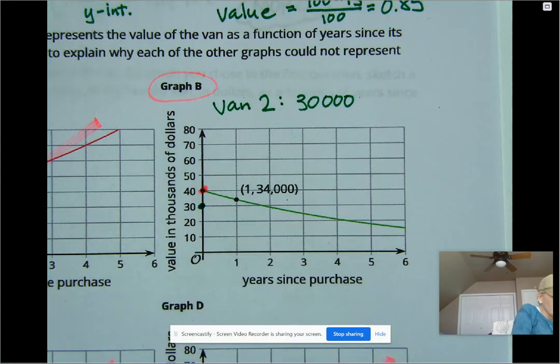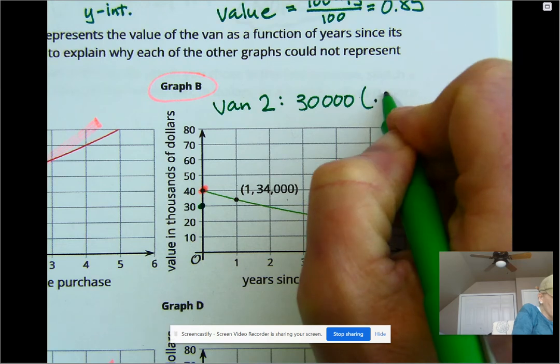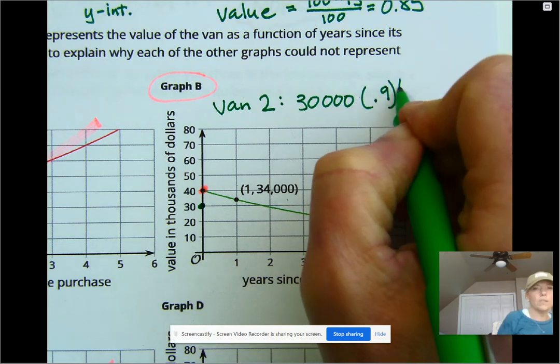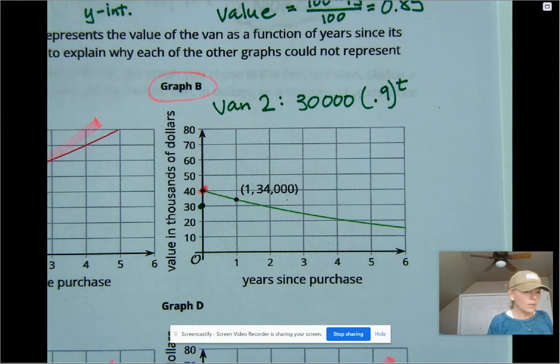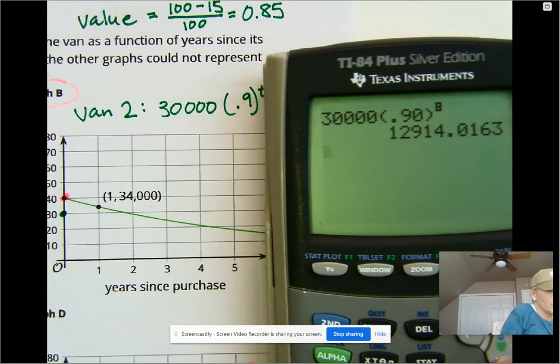And then we're multiplying by 0.9 every year. I'm going to use T for time in years. Okay, so I'll just kind of put the calculator here, find some numbers, and then plot them on the graph.